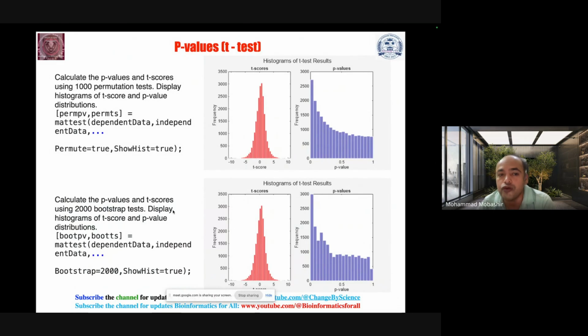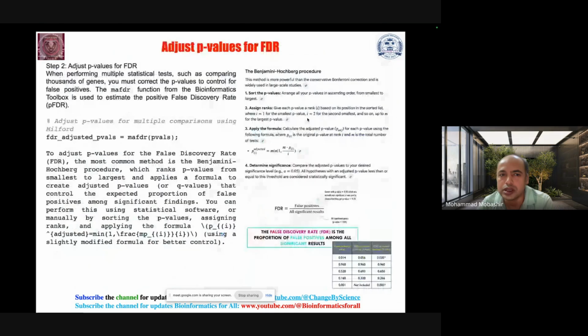But if you go for 2000 bootstrap tests, it will display this kind of plot, which is slightly different from the above plot. This is how you can evaluate the calculated p-values and satisfy yourself.